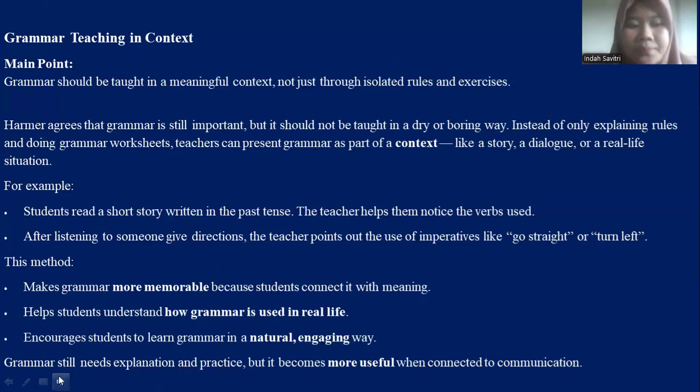This method makes grammar more memorable because students connect it with meaning, helps students understand how grammar is used in real life, and encourages students to learn grammar in a natural, engaging way. Grammar still needs explanation and practice, but it becomes more useful when connected to communication.